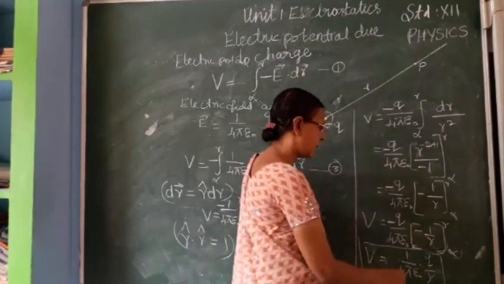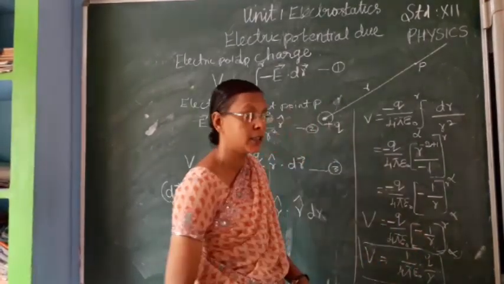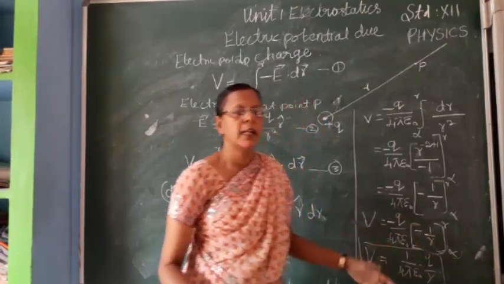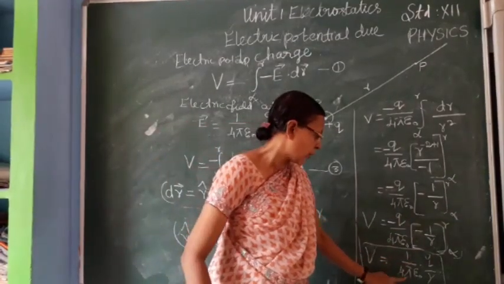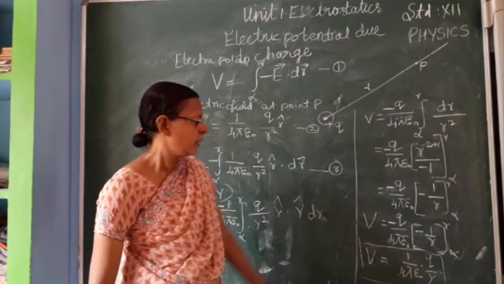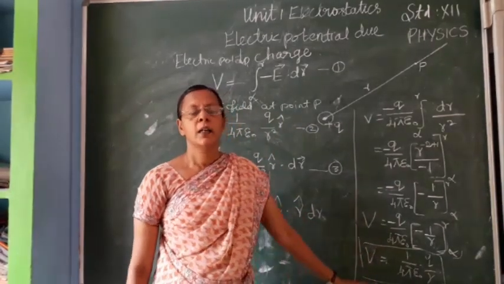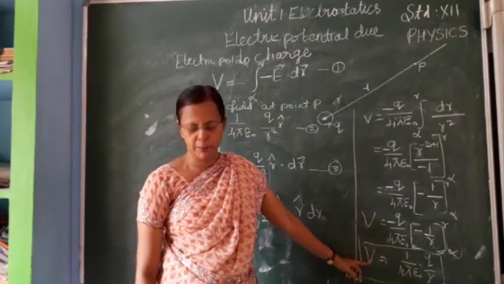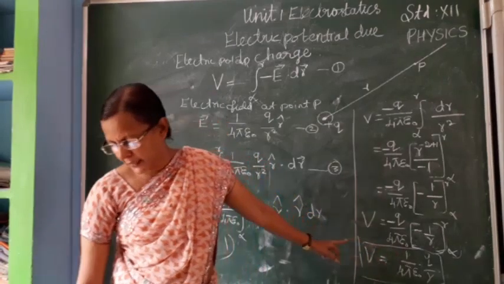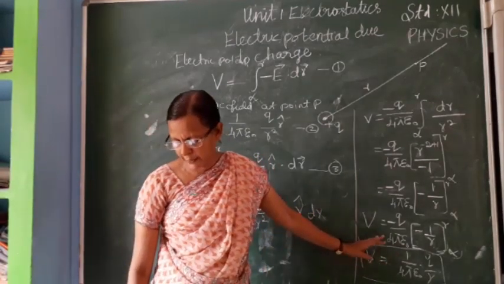This minus and minus into minus gives plus. Like that, this minus will cancel. So V is equal to 1 by 4 pi epsilon 0 Q by R is the final answer for the electric potential.